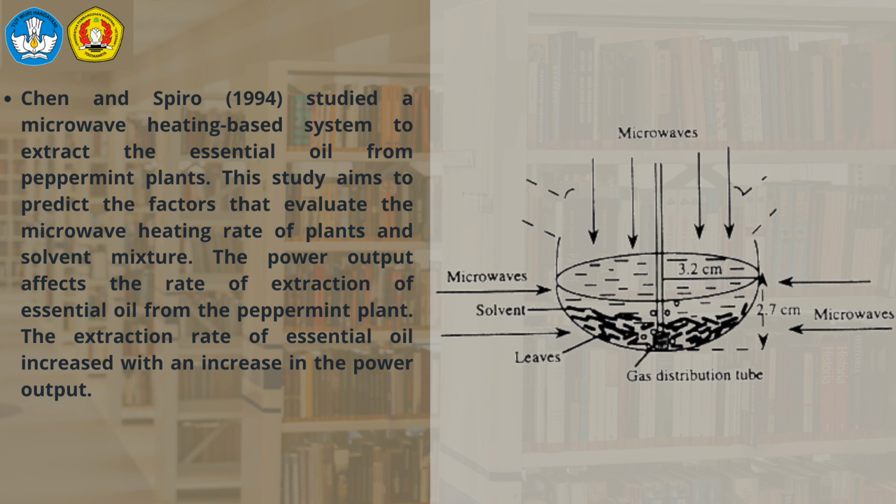The forward power output affects the rate of extraction of essential oil from the peppermint plant. The extraction rate of essential oil increases with the increase in the power output. The illustration can be seen in the picture.